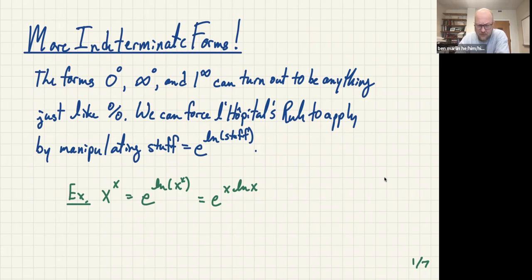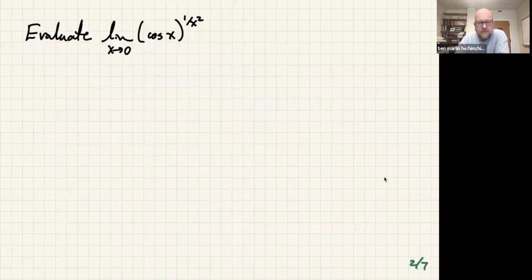So let's see what we can do. All right, this first one here, we've got the limit as x is going to 0 of cosine x to the power 1 over x squared. So what we have to do is off to the side say, as x goes to 0, cosine x is 1.